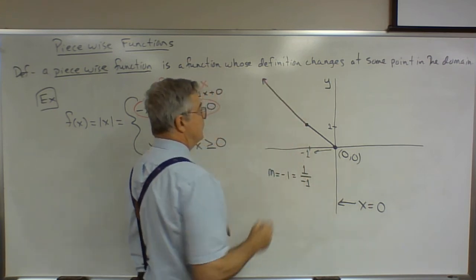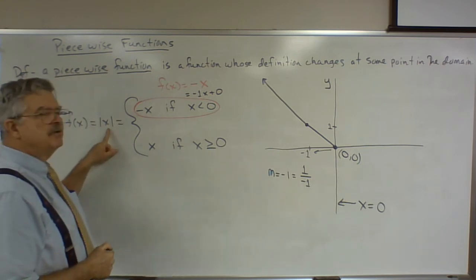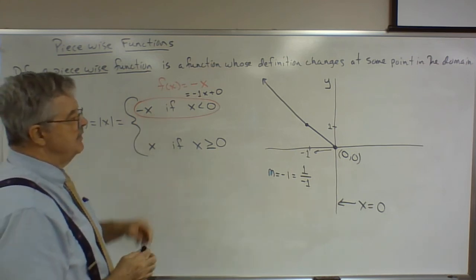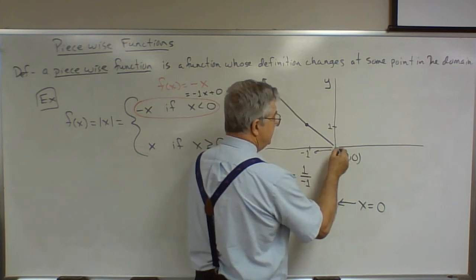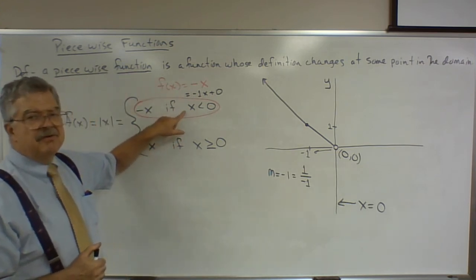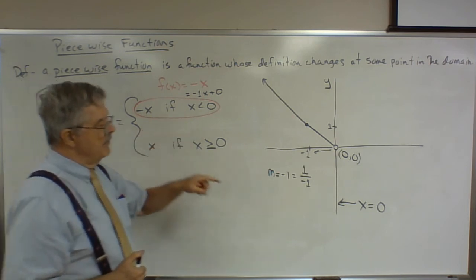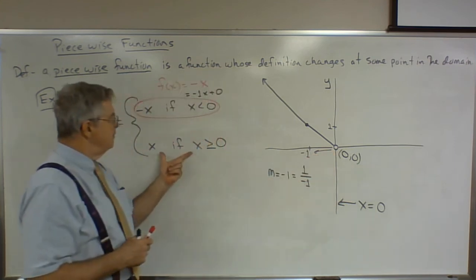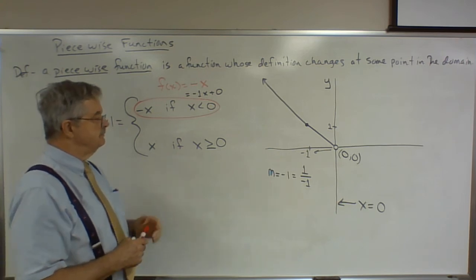That's it. So that's how I get the graph of absolute value of x to the left of the y-axis where x is negative. And you know what? I should have left this point open because this definition only works for x less than 0. And right here at this point, x is equal to 0. So I guess we'll have to use this part of the definition to see what the rest of the graph looks like.